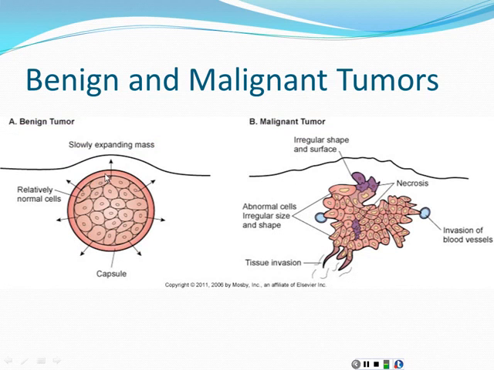The capsule is kind of a big deal too. Benign tumors are very easy to remove because they're in their own little container called a capsule. So you cut the skin here, you dig it out, and that's it. The wound heals. In a malignant tumor, there is no capsule.